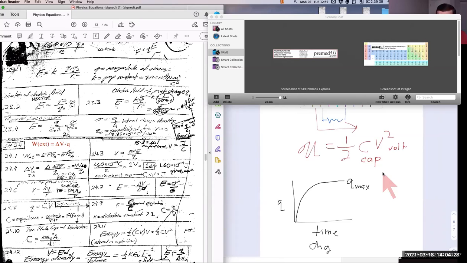So that's going to be when it charges up. Now, when we look at the capacitance, we said that capacitance is going to be equal to Q over V, like this. When we measure this, we're talking about the maximum here for a given voltage. So that's how that works.